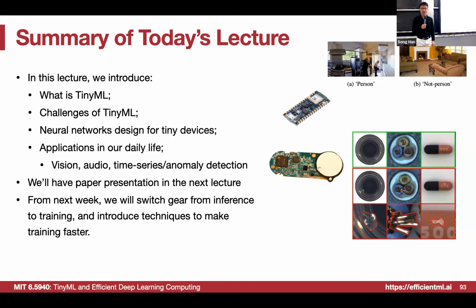How do we design the design space with the resolution, the channel number, the width multiplier, etc., and also introduce this patch-based inference to drastically reduce the bottleneck of the activation in the first couple of stages. And we introduced several applications, videos, audios, and time series, and showed you some demos.